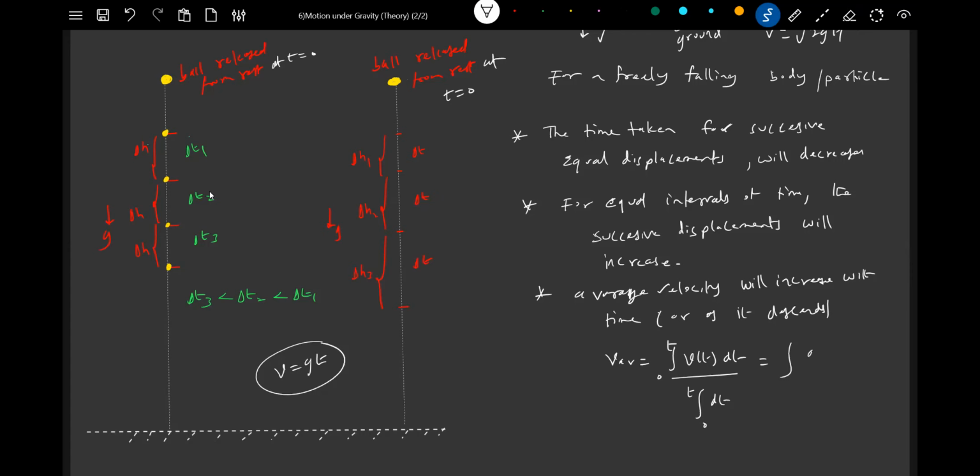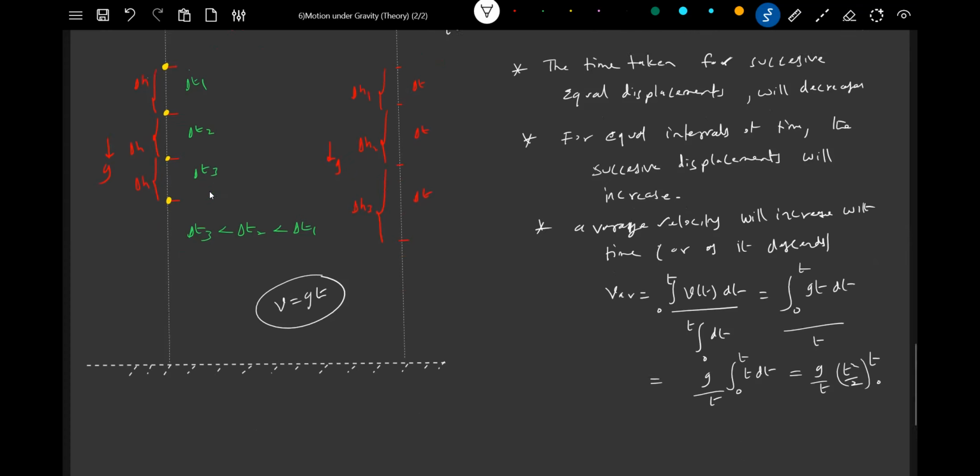Substitute this here, gt dt. Integral of this will be t squared by 2. For any interval of time you can pick. Solving this, we'll get average velocity is equal to gt by 2. So look at the average velocity, it is going to increase with time.